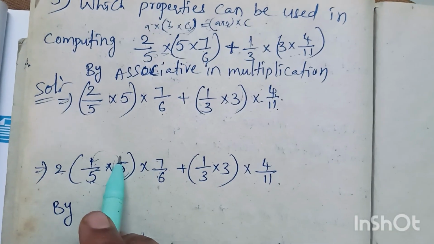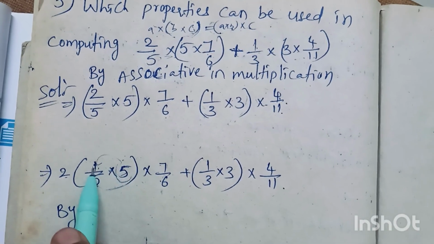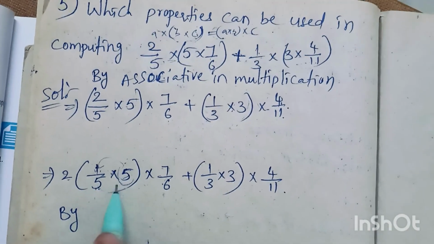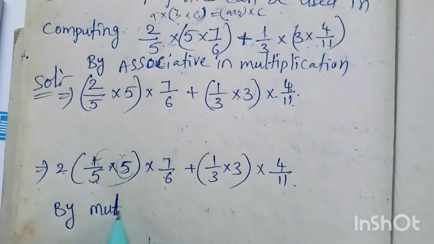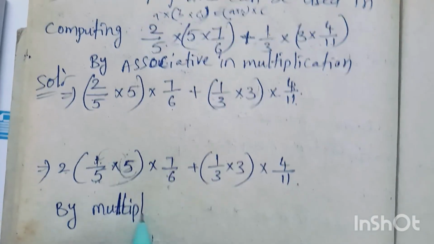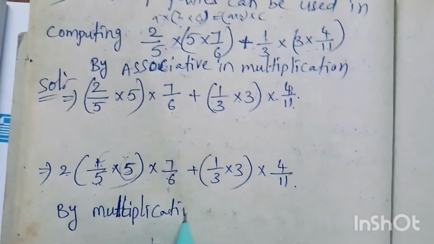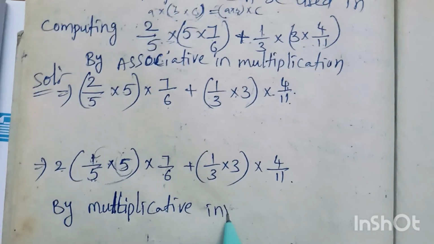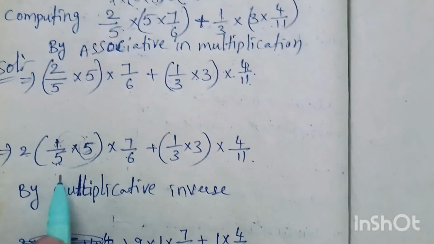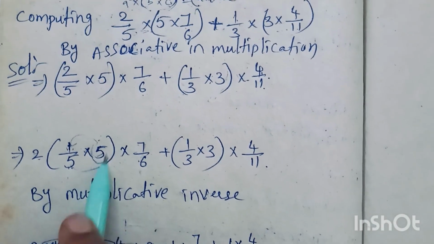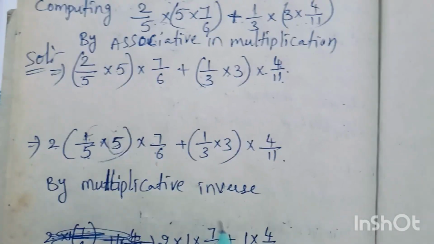So the product of one number and its multiplicative inverse is 1. So that is the multiplicative inverse law. So if we do the product of one number and its multiplicative inverse, you will get 1.